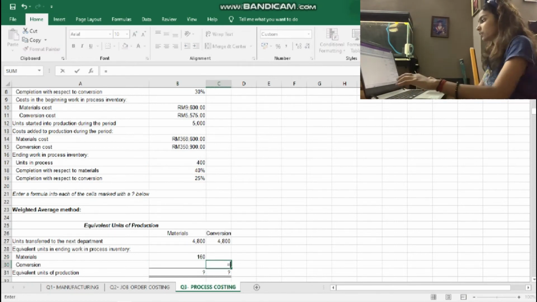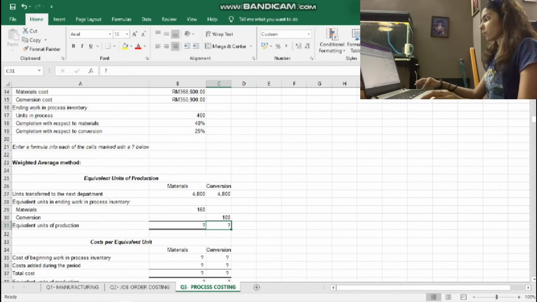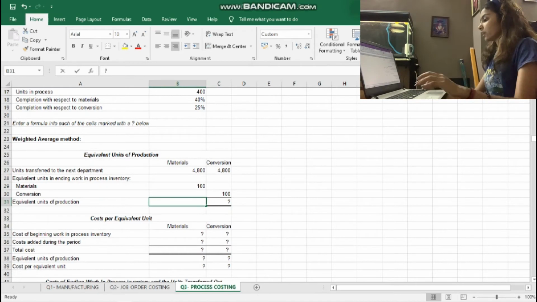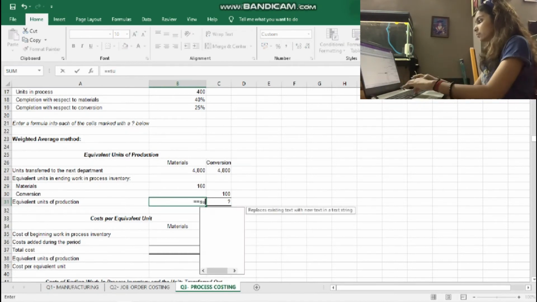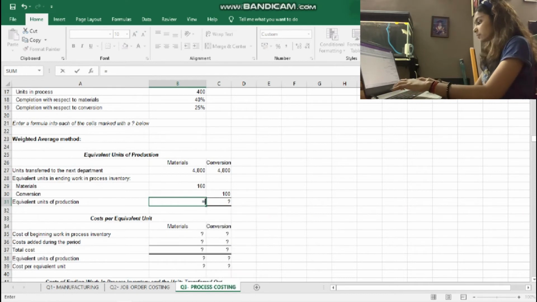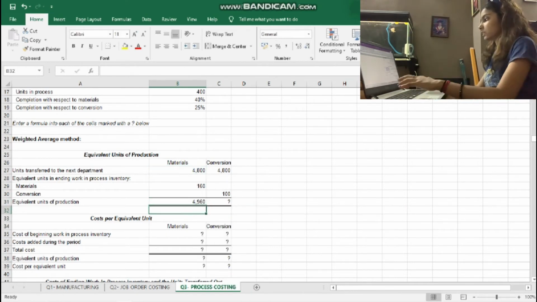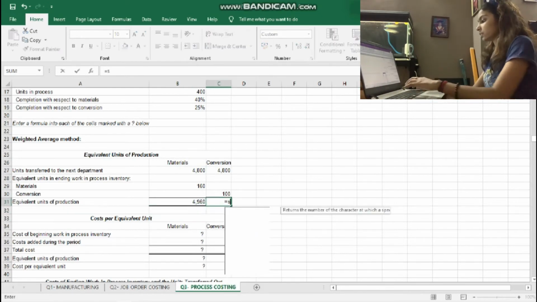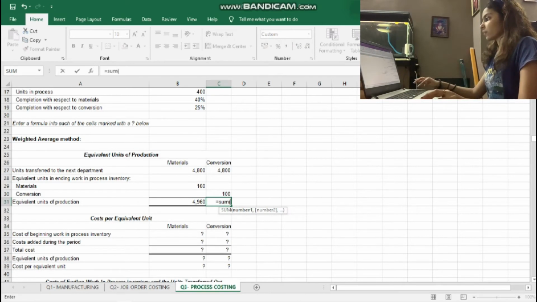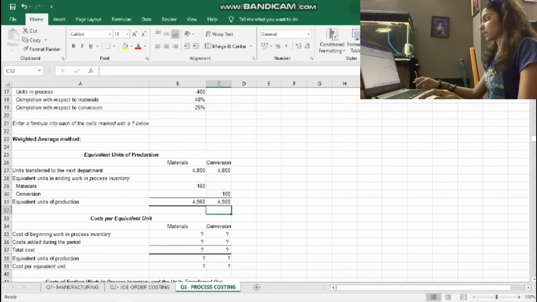And for conversion, 400 times 25%, we'll get 100. So for equivalent units of production, we have to sum up. Okay, so 4,800 plus 160 is 4,960. And for conversion, sum bracket, and for 4,800 plus 100 is 4,900.